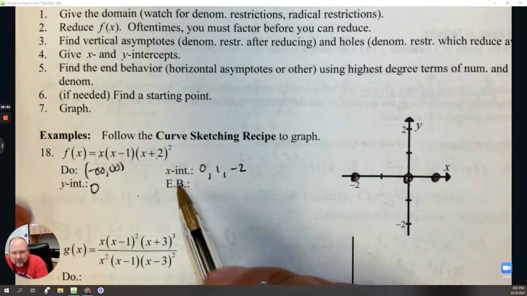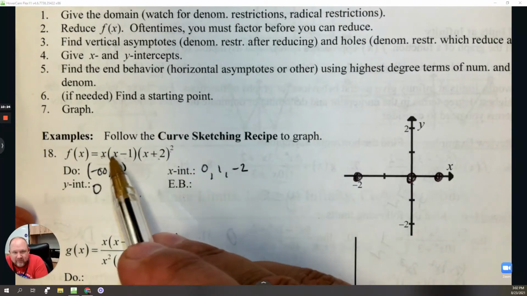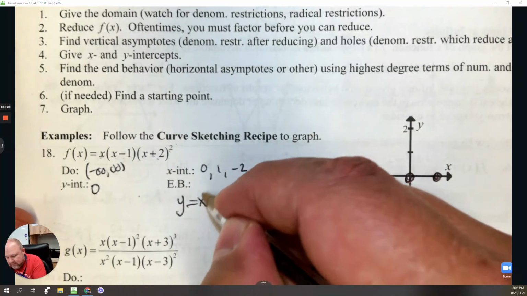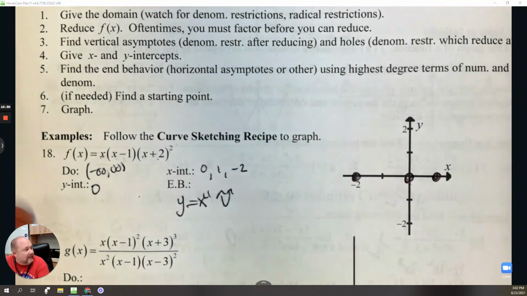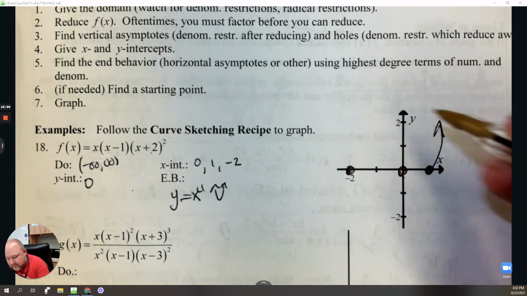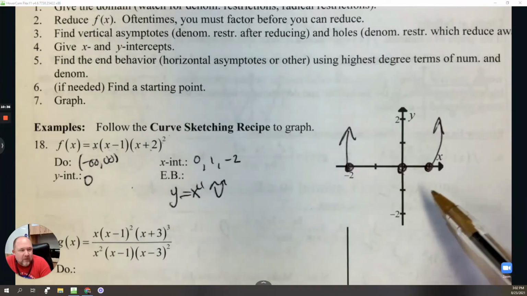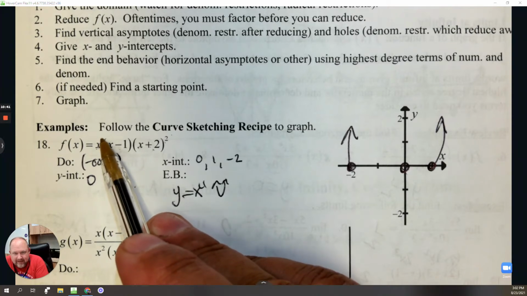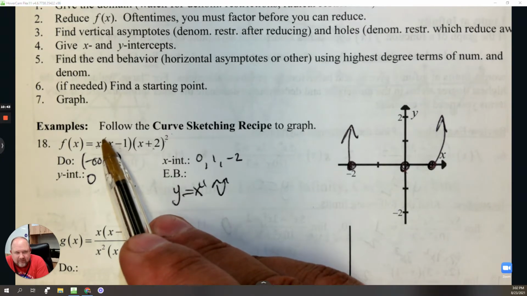And the end behavior, if I multiply it out, x times x squared, the end behavior is x to the 4th. So both ends go up. Here we go. So the right end goes up and the left end goes up. What else I know is if it has an odd exponent, it crosses.